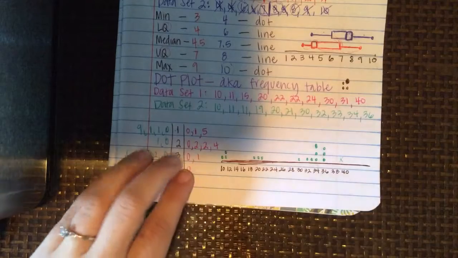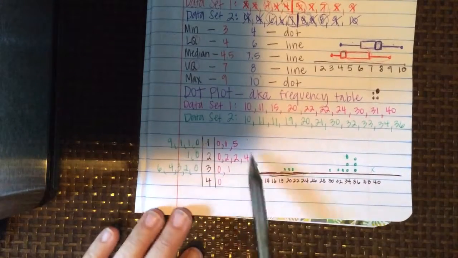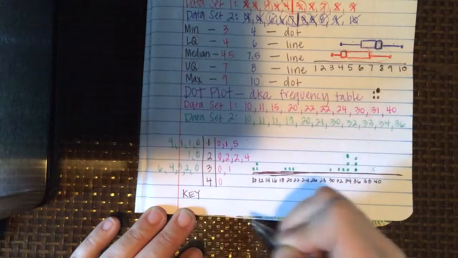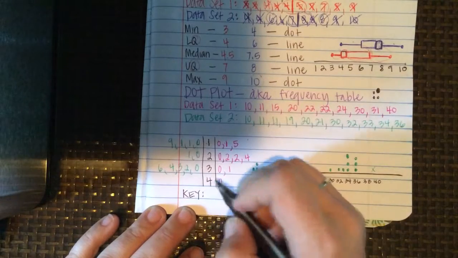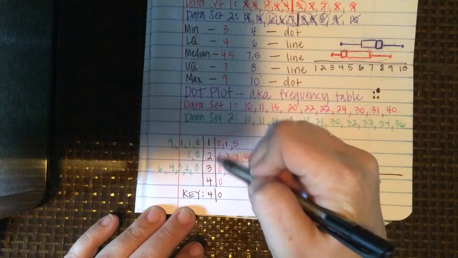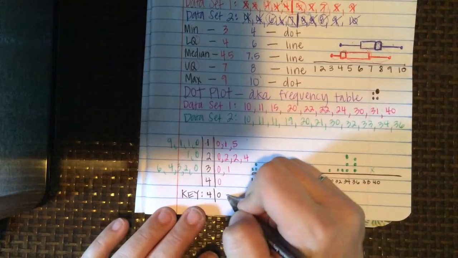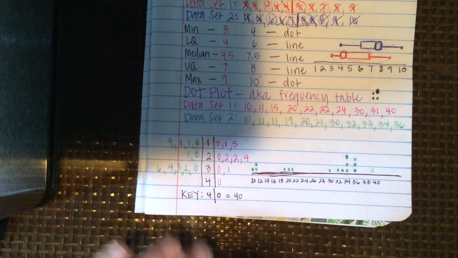The last thing about this stem and leaf plot, you should always put a key anytime you make something like this, just so that people understand, because maybe this dividing line was a decimal. Maybe all the values were decimals. So you want to say that 4 with a bar and 0 really means the value 40.